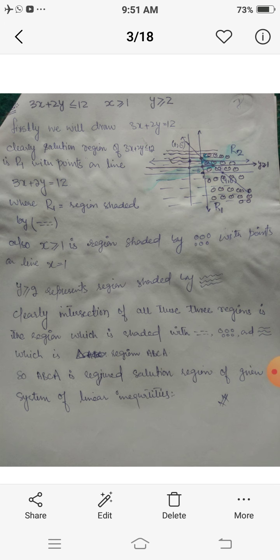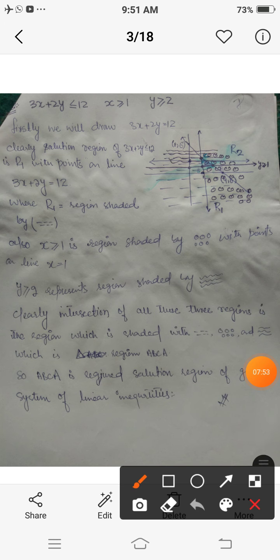Now clearly from the graph, the portion of intersection between these three regions is this triangle.